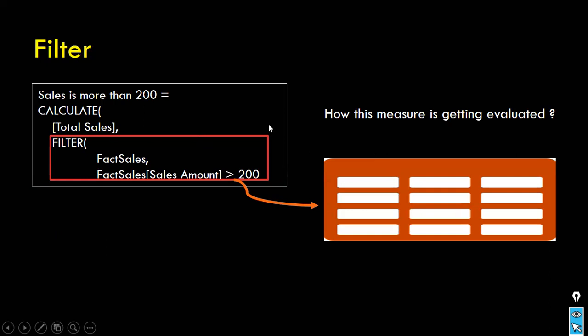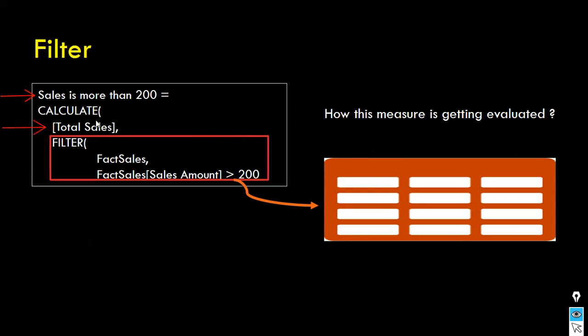Look here, this is the example. I want the sum of sales. This is nothing but sum of sales. As I told you, a measure can be used in another measure. The sales more than 200 is a new measure we are going to create. In this one, I am going to reuse a previously created measure.